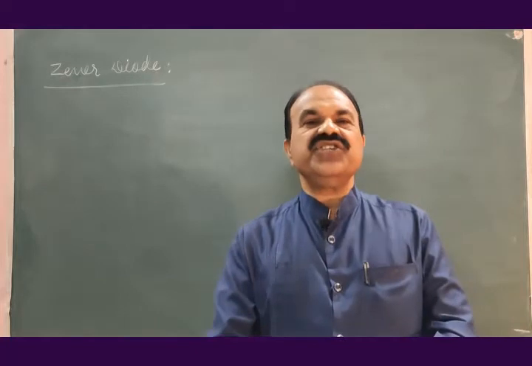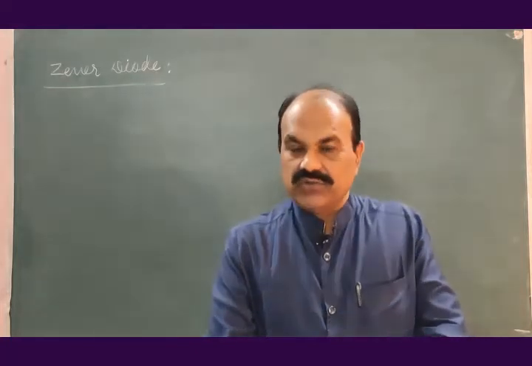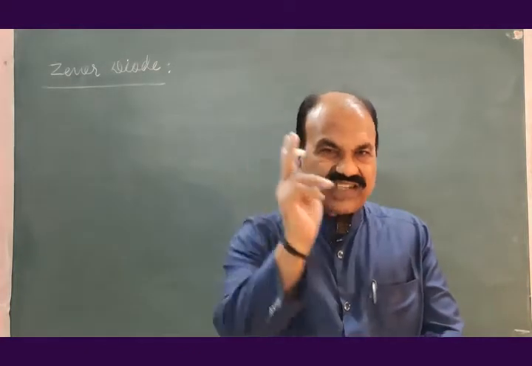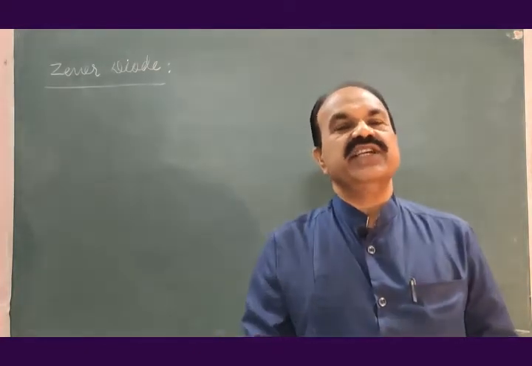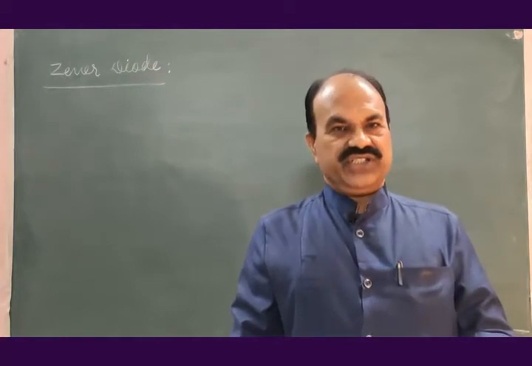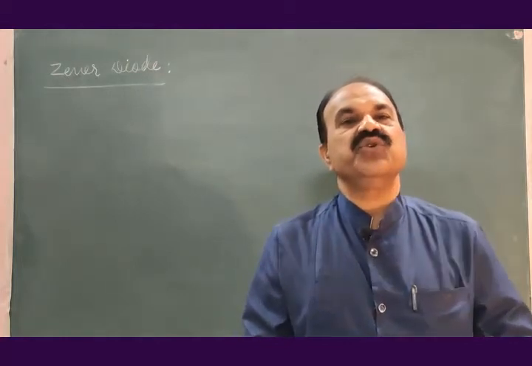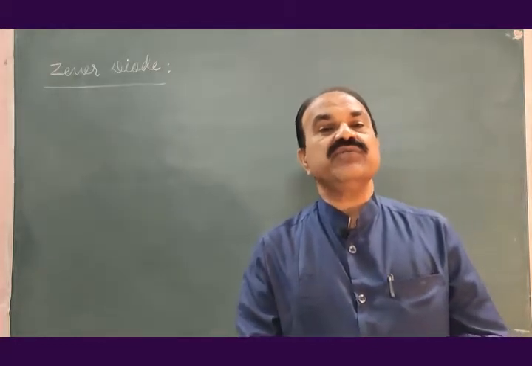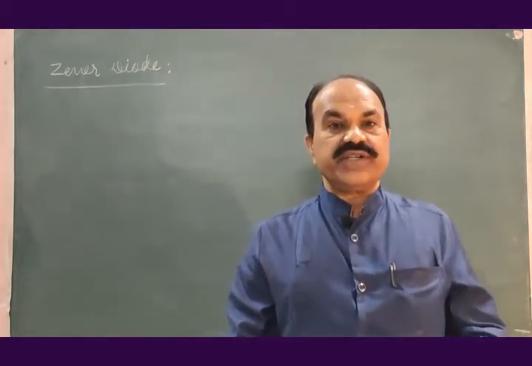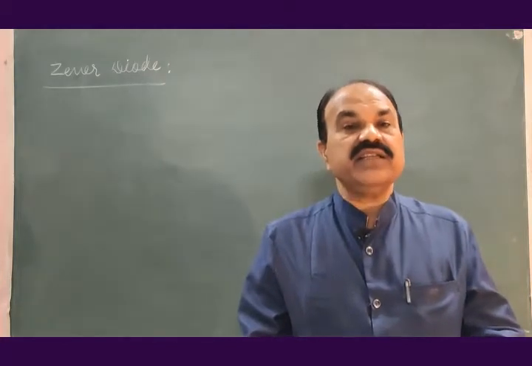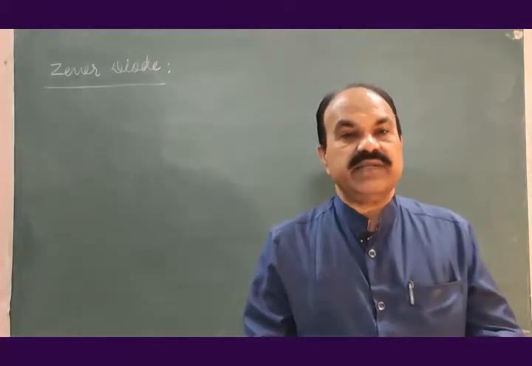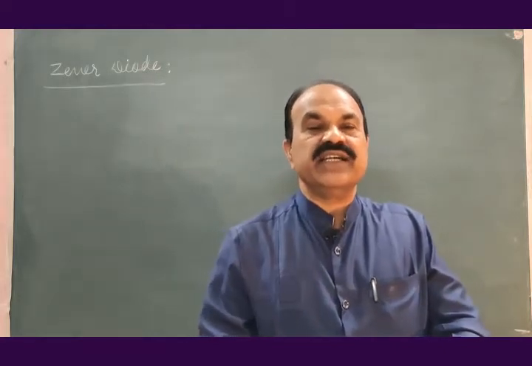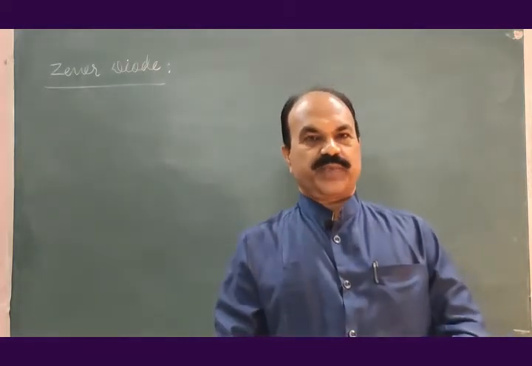Voltage across the Zener diode after breakdown, voltage across the Zener diode when it starts conducting in reverse bias is almost constant. That voltage is not going to change, and therefore this Zener diode can work as a constant voltage source. Whenever it is working in reverse bias in the breakdown region, Zener diode may work as a constant voltage source.